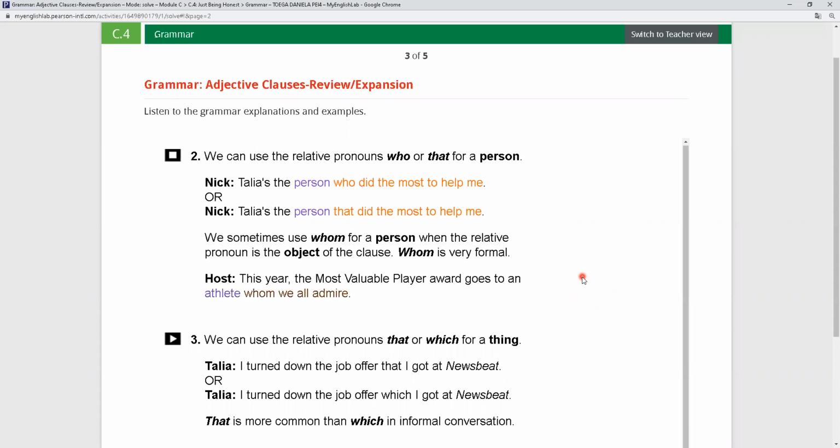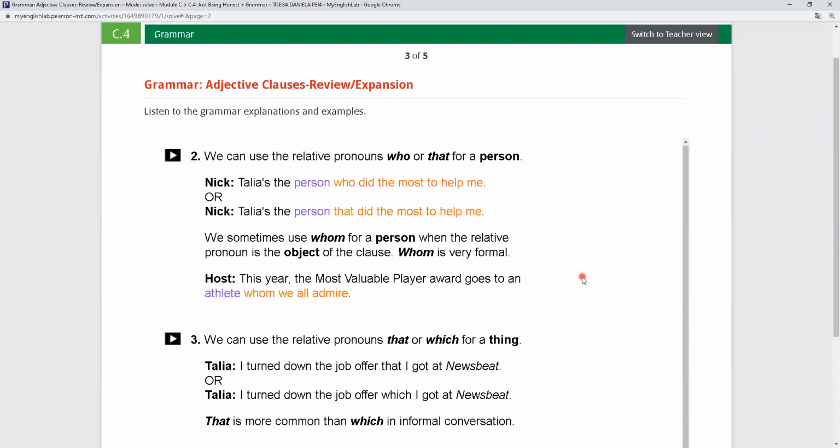All right, so in this case, we have the use of the relative pronouns who or that, and also whom, right? As I told you the other day, who and whom are almost similar, right? Whom should be used to refer to the object of a verb or preposition, right?